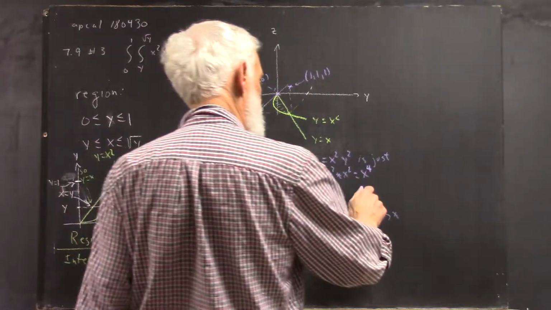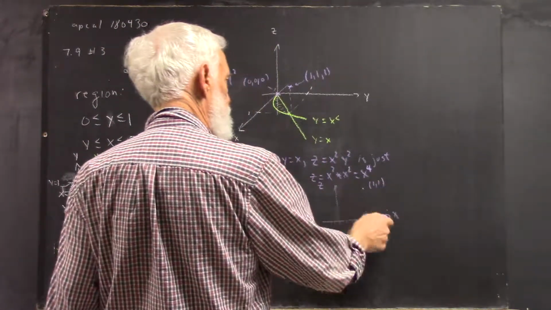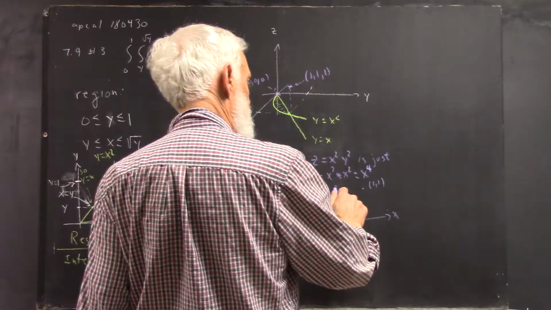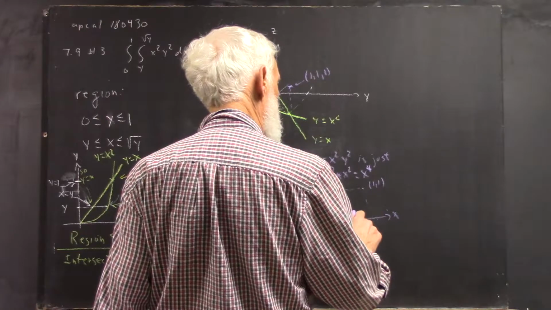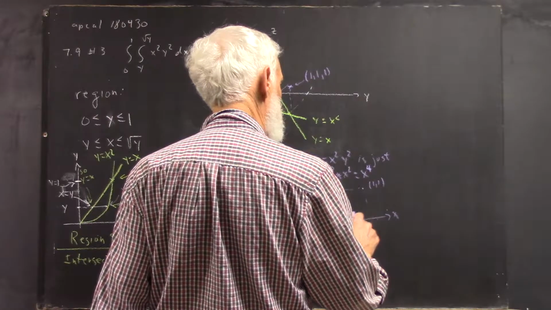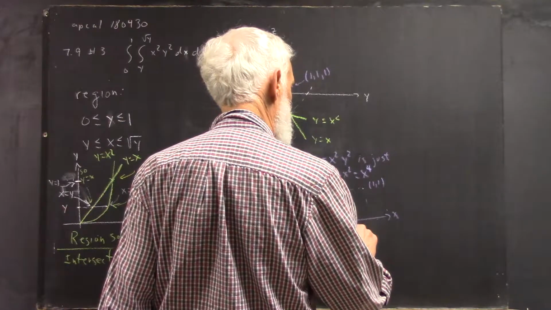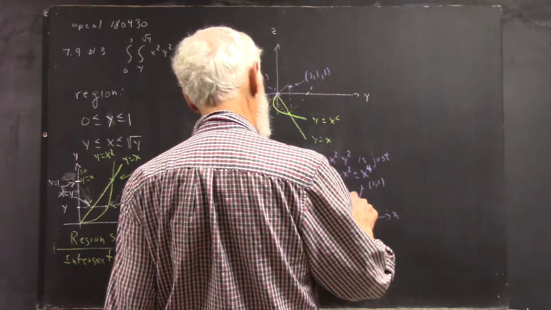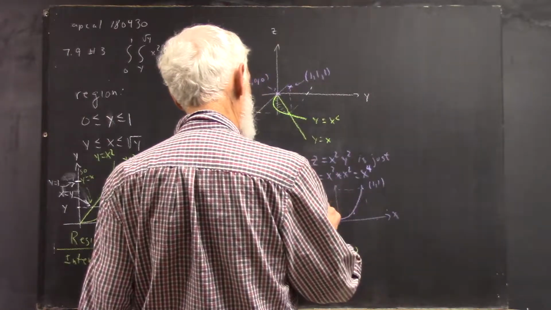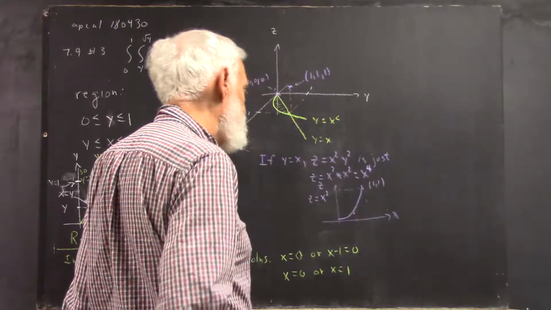So, if this is the point 1, 1 in the zx plane, the x squared graph goes through 1/2, 1/4, and it's flat here. So that would be the z equals x squared graph.